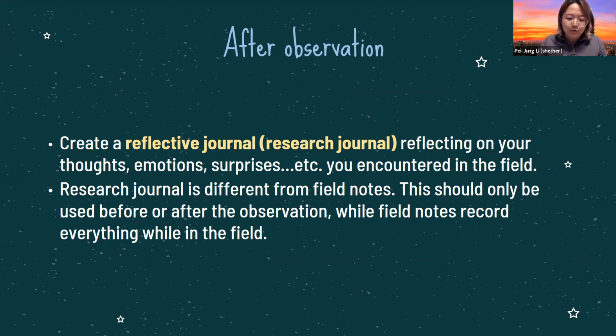Later on, maybe a few months later, when you return to your research journal, you know when these things occurred, and as time passes you might have more reflections on what happened. So keeping the date of when you jot down these notes will be really helpful.